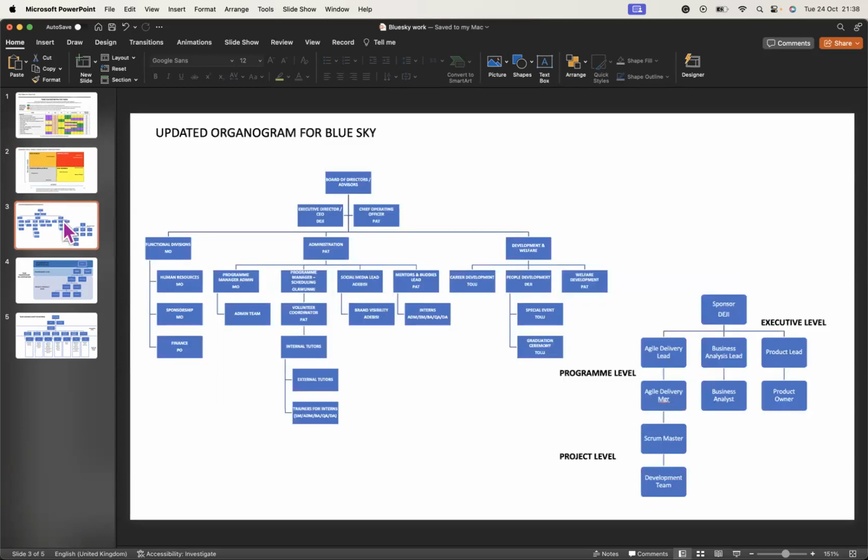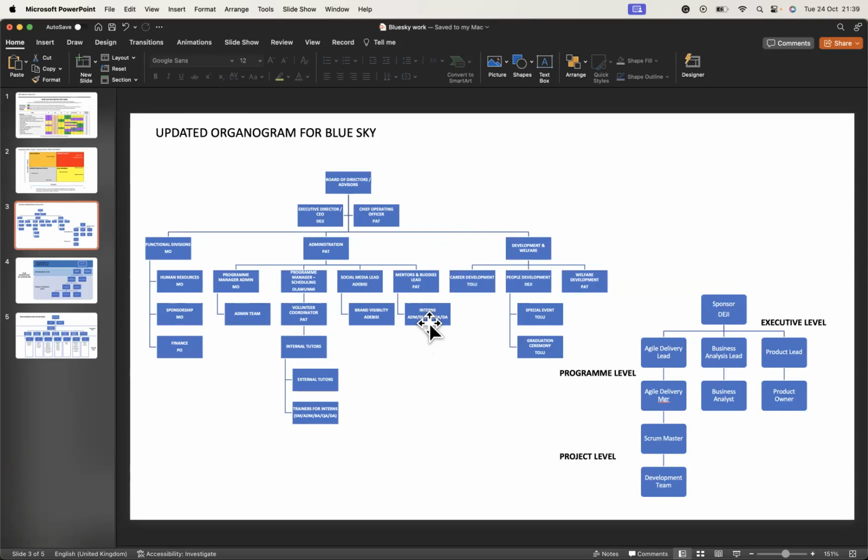And this was the redo of the organogram. This was the view we initially showed you, I think two lessons ago, about the setup of Blue Sky. You said you wanted us to work out where we fit in the organization. Looking at the organogram, we sort of fit here as interns.